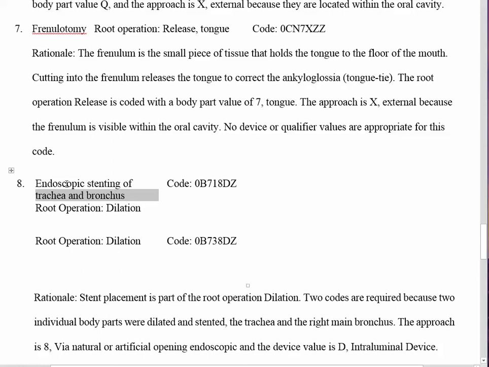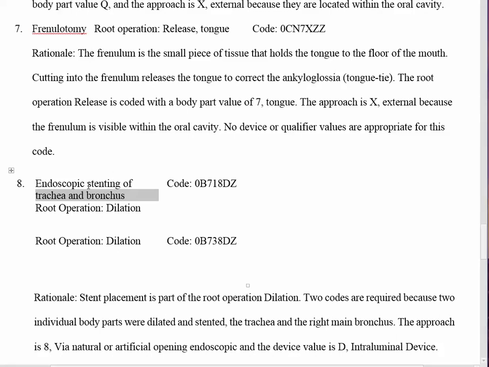They both had the same root operation or the same intention. They both were stented. But because there are two anatomical locations, when we get to the 0B7 table, we see there are two separate body part values, one for trachea and one for bronchus. Therefore, we have to assign two codes. So what is the objective of stenting?